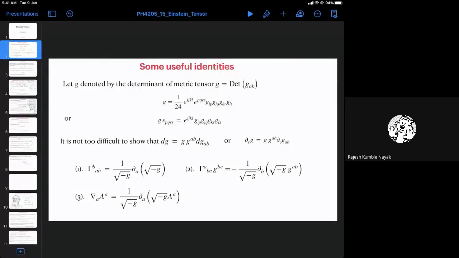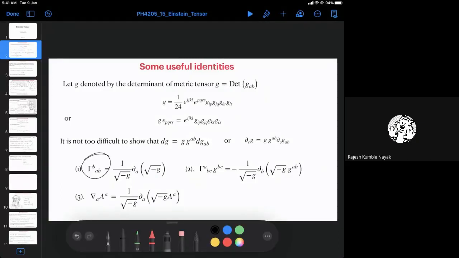Can you see it now? Yes, sir. The first one. Yeah, the first one, B and B are the same. So it is contracted. Oh, okay. I thought it was C. Okay, I got it.